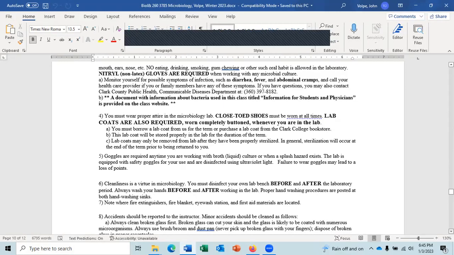So whenever you come into the lab, you put your things in the cubbyhole, you go wash your hands, put on the lab coat, put on the gloves, and then go to your workstation. And then when you leave the lab, you take off the gloves, take off the lab coat, go wash your hands, grab your things, and then leave the lab. Any question about any of that?